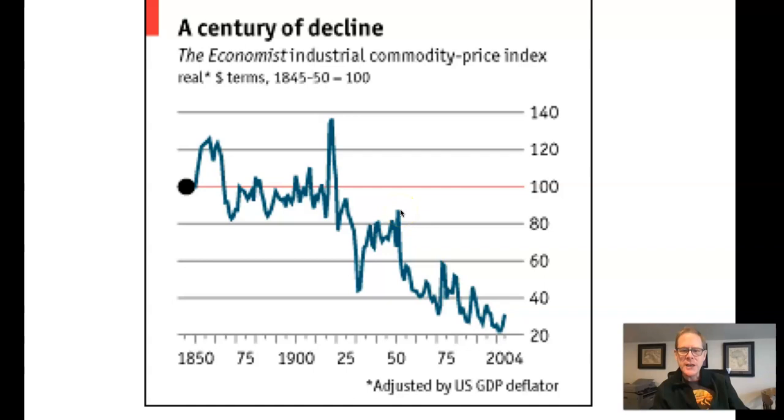Commodity prices in 1950 were up over $80 in comparative terms, and by 2004, they're hitting close to 20. They're 25% of what they were. Put that in perspective. African countries don't have the income even that they used to have, even in the 60s and 70s.